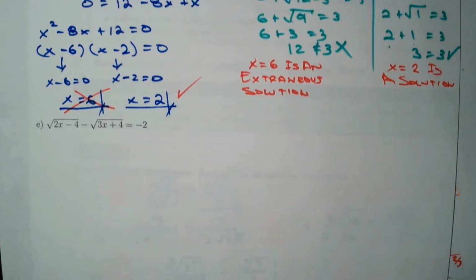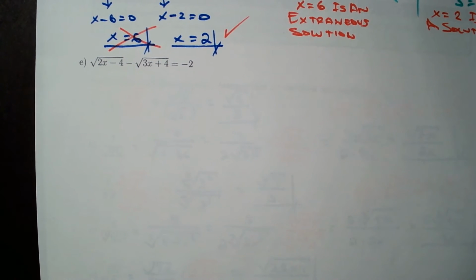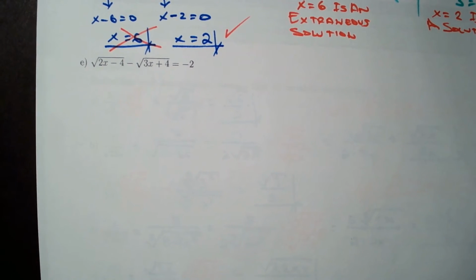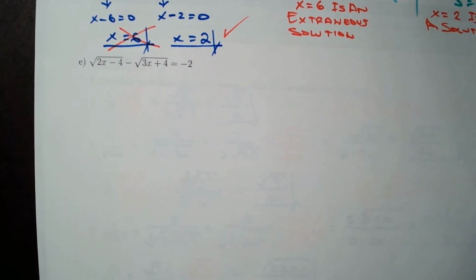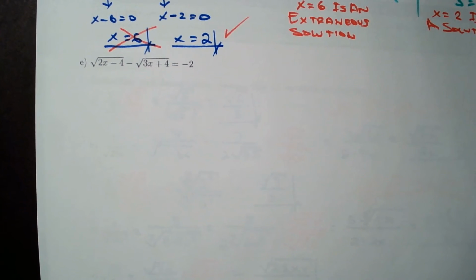Alright? Now let's look at the last example of this section, example E, which is an equation involving two radicals. How are we going to go about this one? As the method explained on the previous page, isolate one of the radicals.